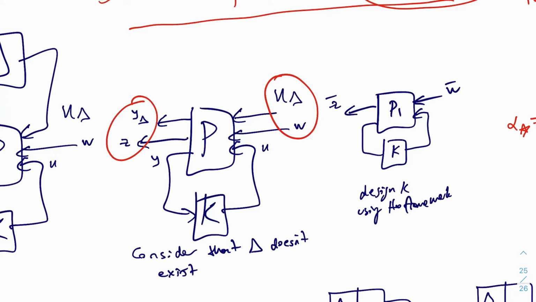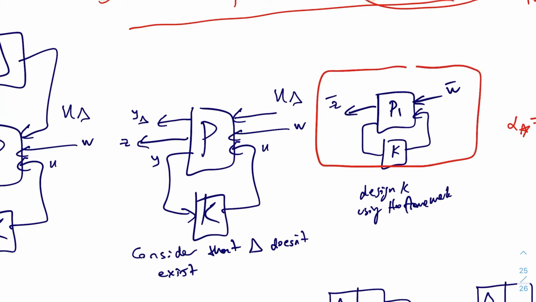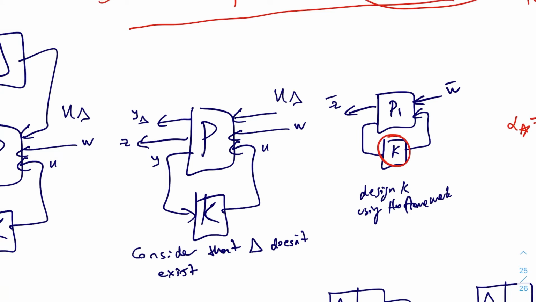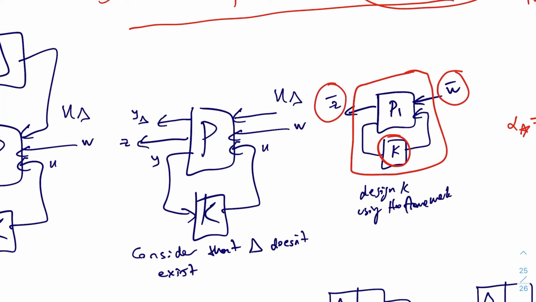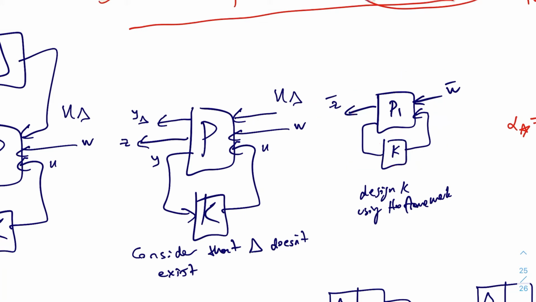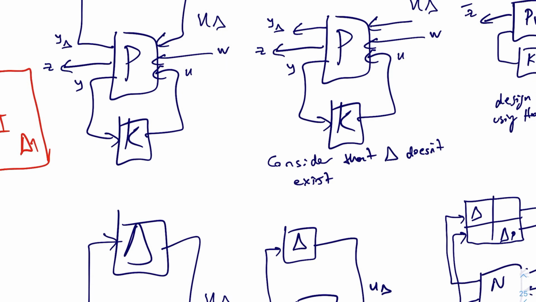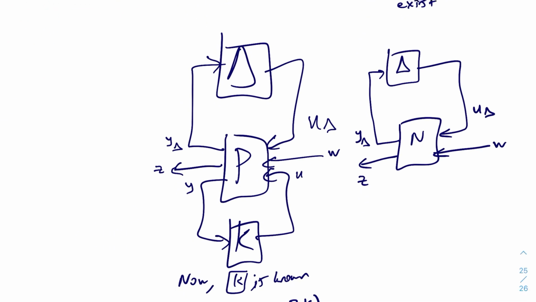And in the K part, you would just ignore perturbation and then formulate your problem in that form. And this is the H infinity framework. You would design this K such that the H infinity norm of the transfer function matrix from exogenous input signals to Z regulated output is minimized.